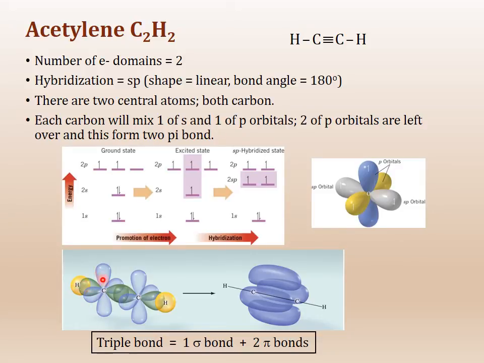Here are the p orbitals that are left over, and since they're left over, they're going to overlap with each other. Since you have two p orbitals on each carbon, those will overlap to give two pi bonds and then one sigma bond, which makes up the triple bond. So wherever you have a carbon with a triple bond, you will always have one sigma bond and two pi bonds. That's a given.